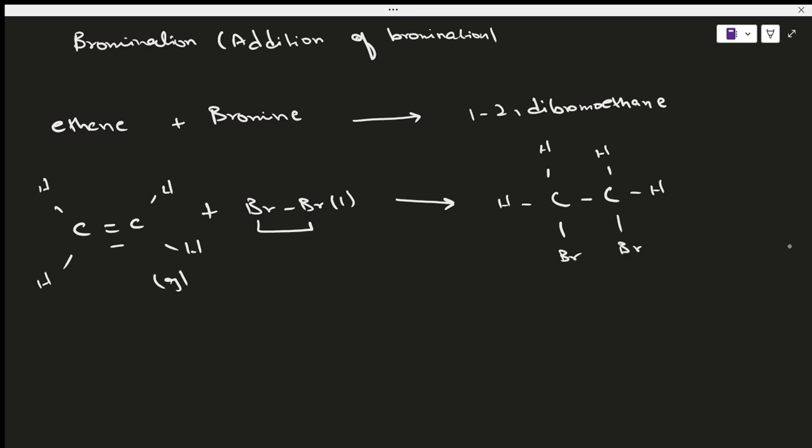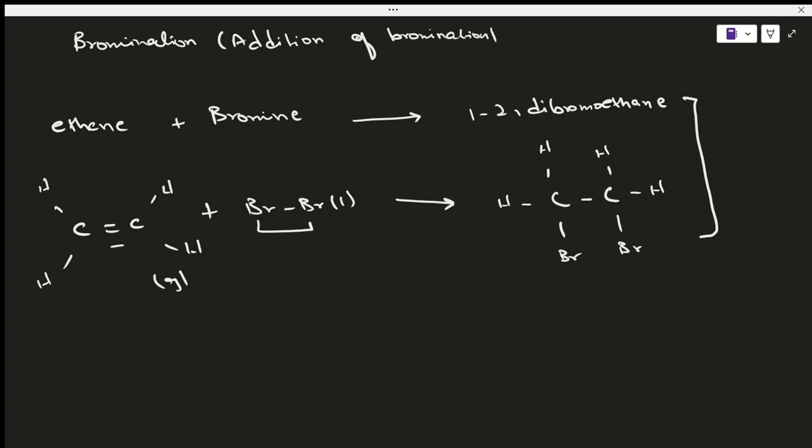Right? So this makes it 1,2 dibromoethane. Okay, and you just need to remember the naming for this. You don't need to go into a lot of further detail. Anything else, if needs to be covered, I'll cover that as well.